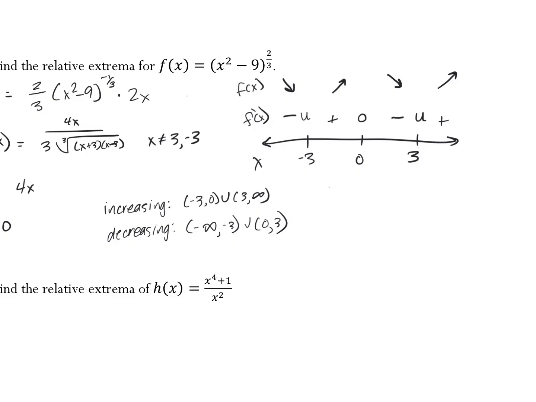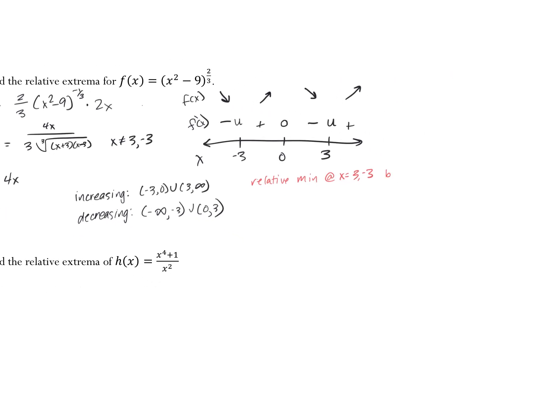Then we would say we have a relative min at x equals 3 and negative 3 because f prime changes from negative to positive.